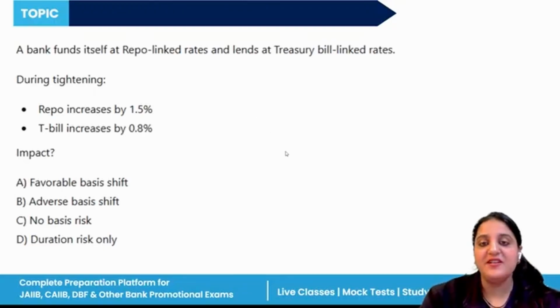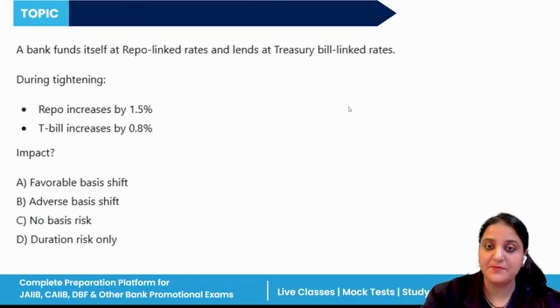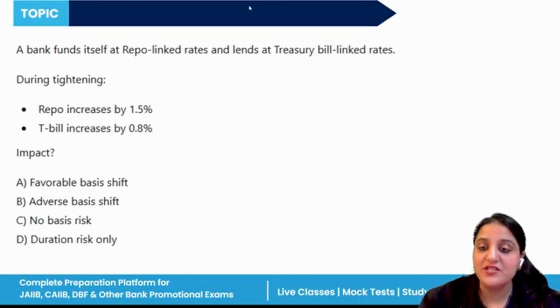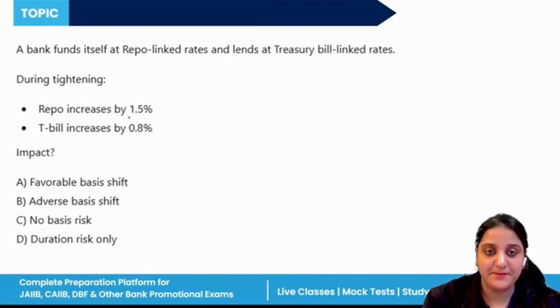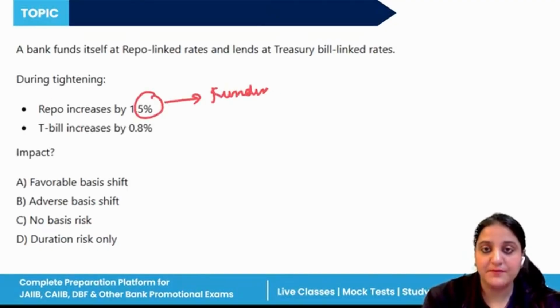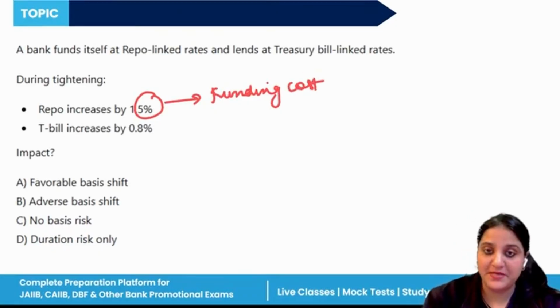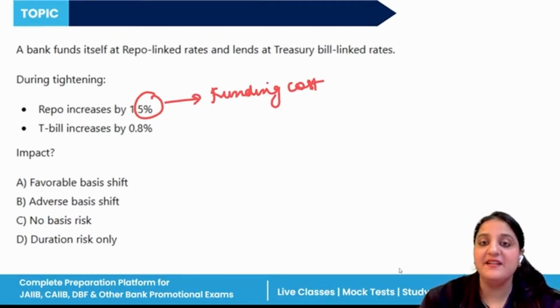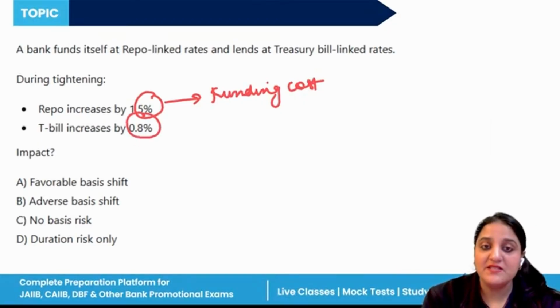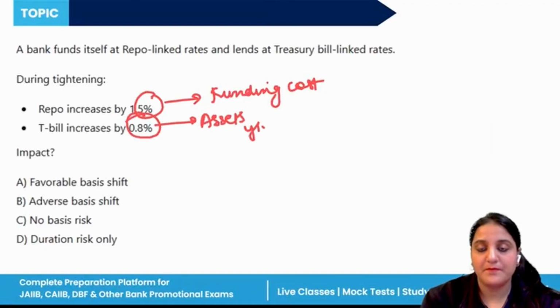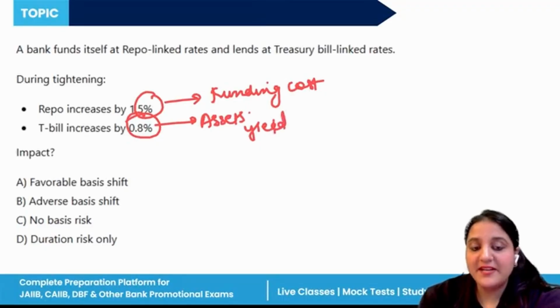So a bank funds itself at repo linked rates and lends at treasury bill rates. Funding cost here rises by 1.5%, right? That is the funding cost that rises by 1.5%, and asset yield rises by only 0.8%, right?